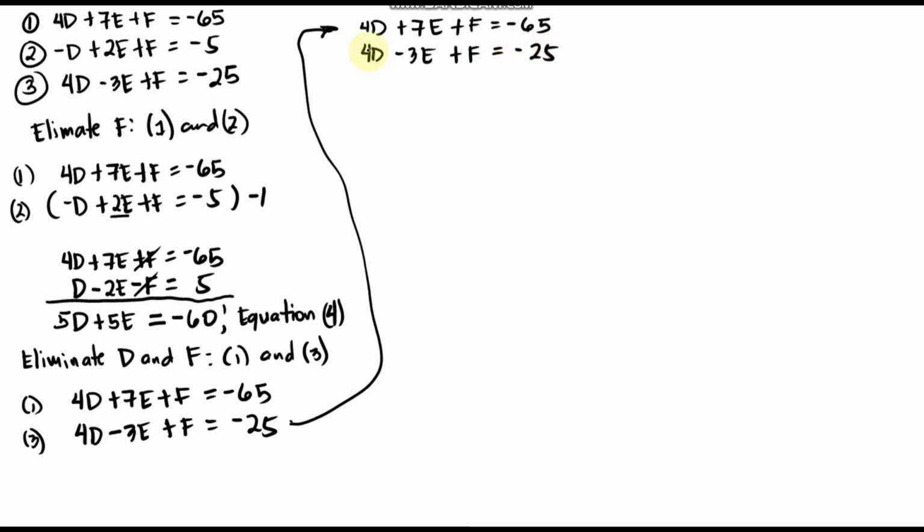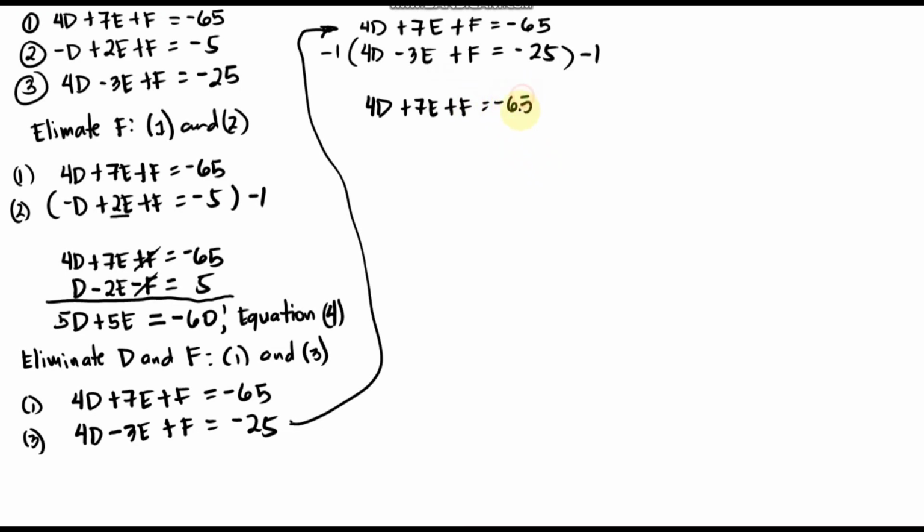So how to eliminate variable d and variable f? So by multiplying both sides of this equation by negative 1.